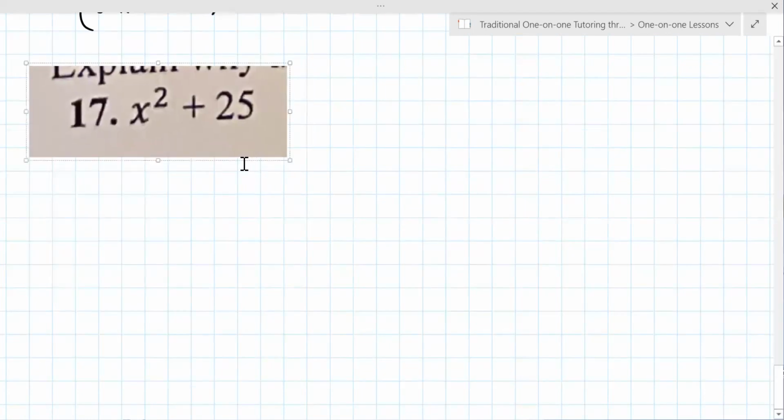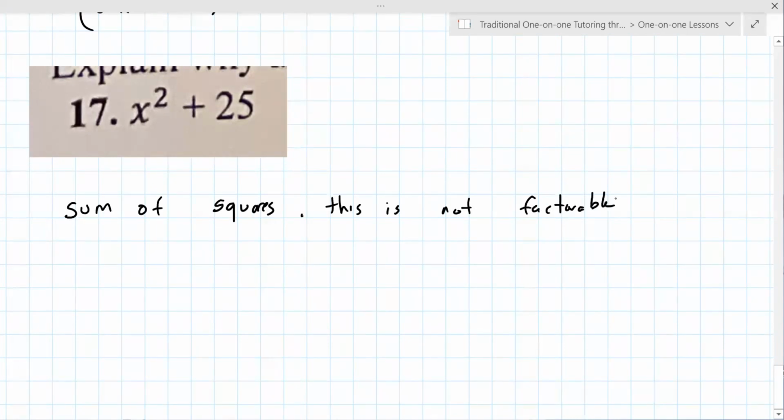Okay, so 17 is what's called sum of squares. And you just say this is not factorable. If this were a minus instead of a plus, it would be. So, sum of squares, this is not factorable for number 17. That's all you have to say.